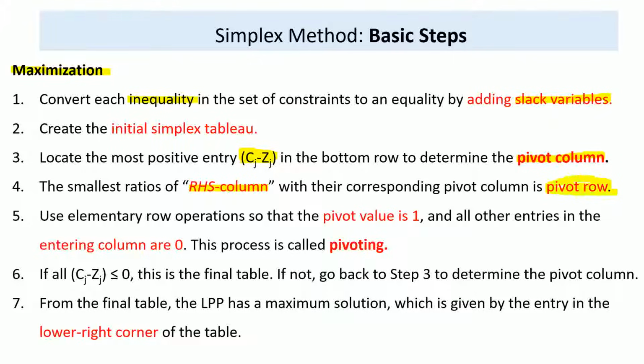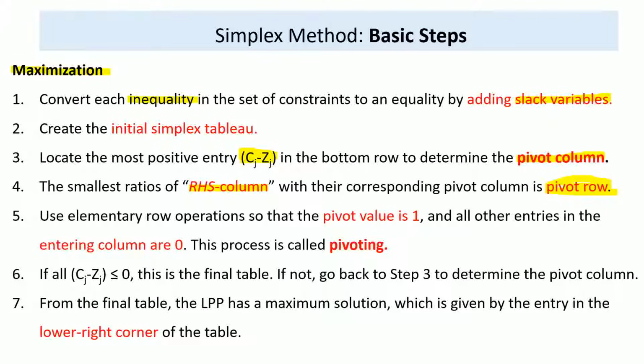So after getting the pivot value, using elementary row operations we have to make the pivot number 1. So we can divide all the entries of the row where the pivot number is found by the pivot number, so we make the pivot number 1.